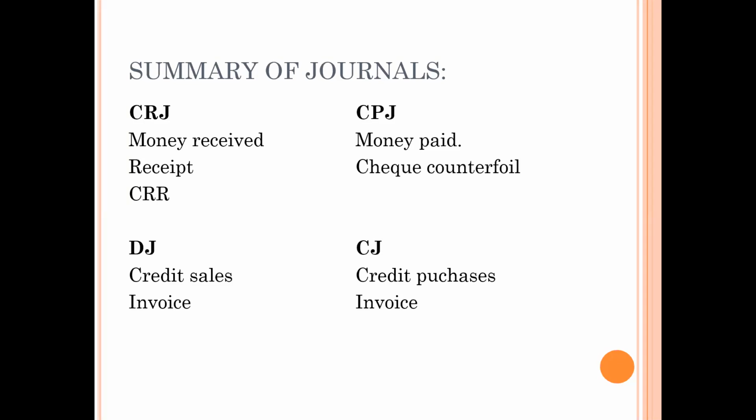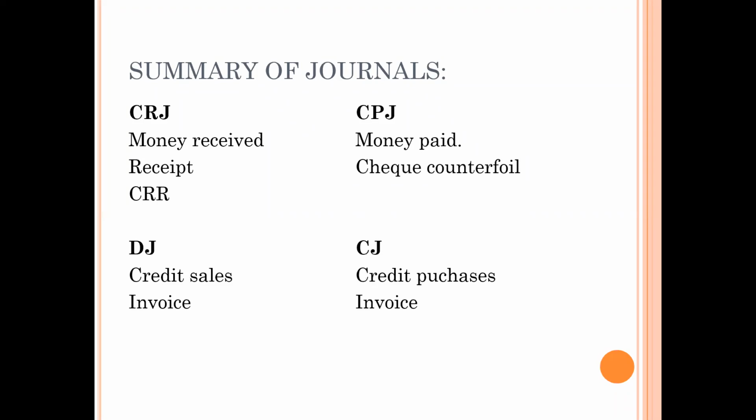Before we continue, look at the type of transactions that you need to enter in the DJ, and then look at the CJ. Both of them are credit transactions. In the Debtors Journal, it's credit sales, and in the Creditors Journal, it's credit purchases.